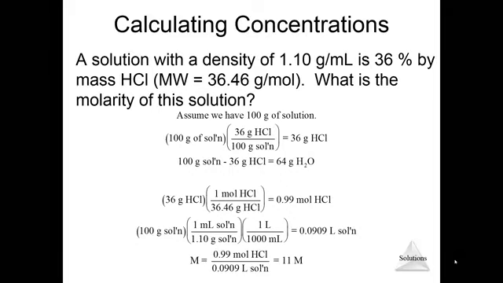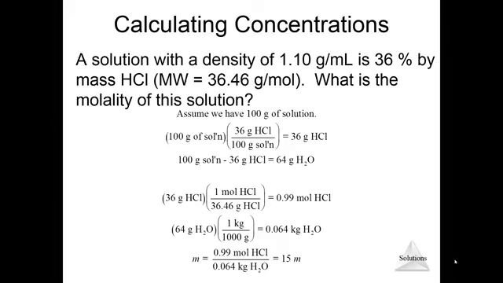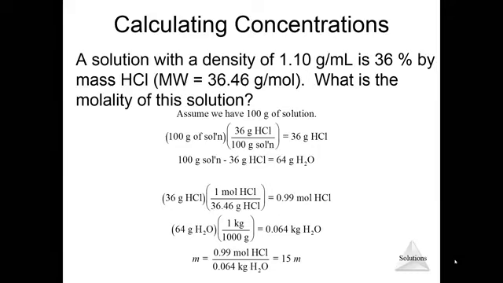Let's use this same data now to calculate the molality of this solution. Again, it is noted that we'll make the assumption of 100 grams of solution. Based on that assumption, we can conclude we have 36 grams of HCl.